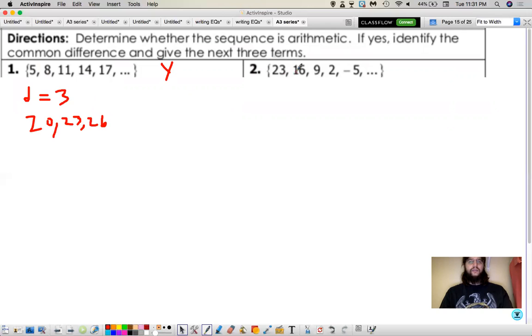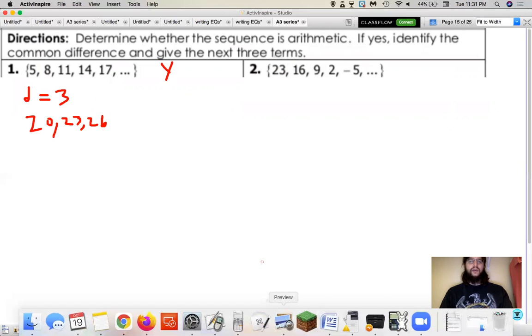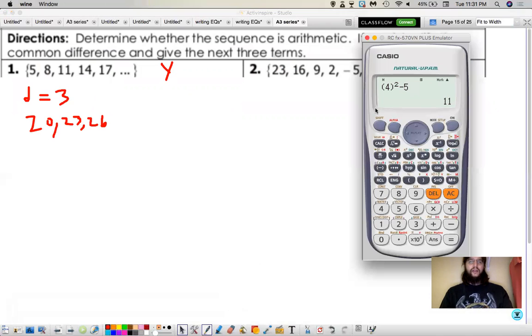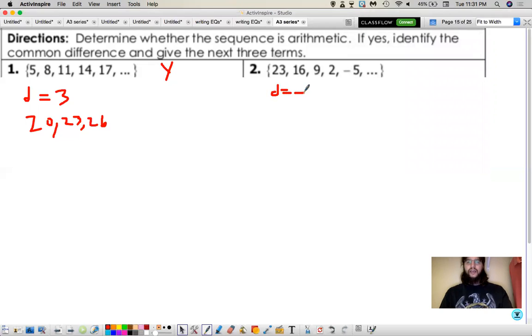Let's see. 16 minus 23. Let's use our calculators because I don't feel like thinking. It is negative 7. 9 minus 16 is negative 7. 2 minus 9 is negative 7. So the common difference is negative 7. Yes, it's possible to be negative.